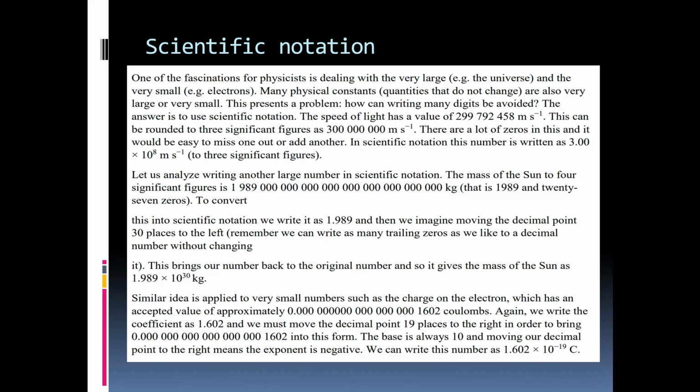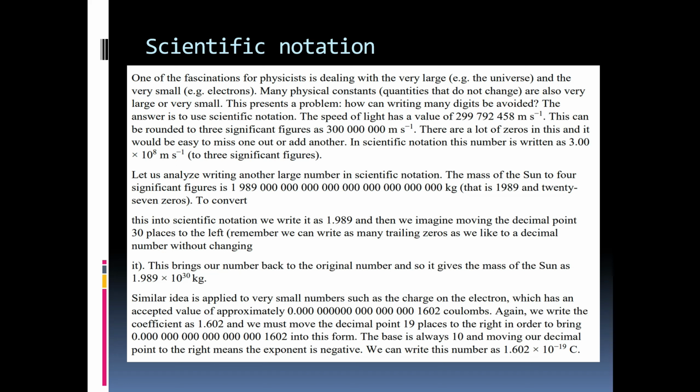Dear students, when we are talking about scientific notation, as you know, one of the fascinations of physicists is dealing with very large numbers. For example, the distance between different planets, the distance between Earth and Moon, or Earth and Sun, which are related to heavenly bodies.